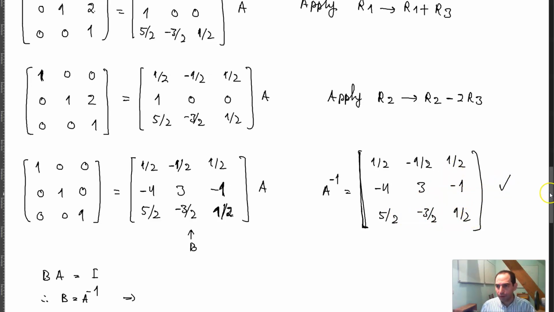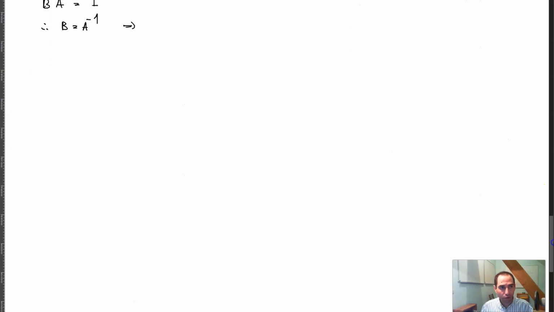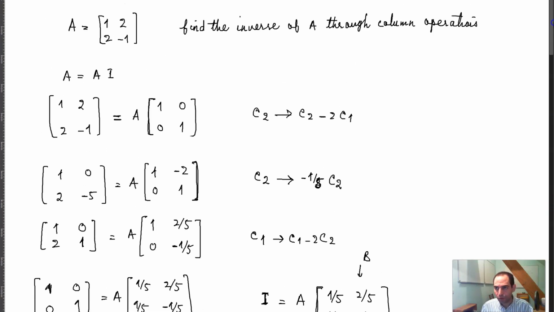Okay. Now, we can actually solve the same problem using column operations. So now let's do the same thing using column operations. The matrix that I have is a 3 by 3 matrix.